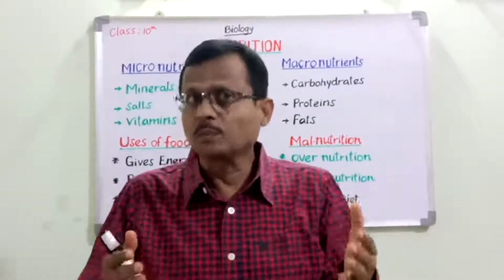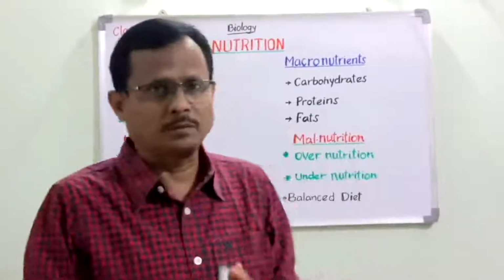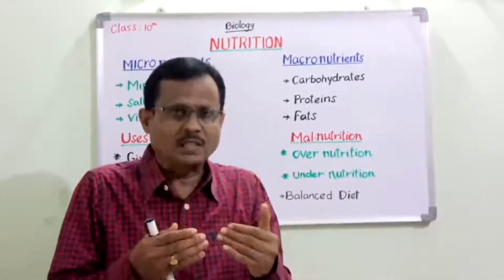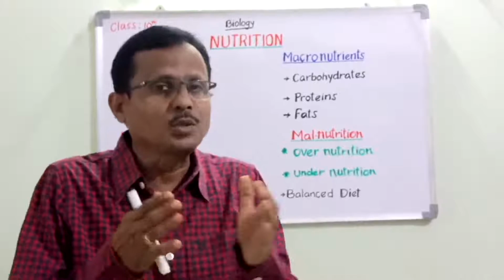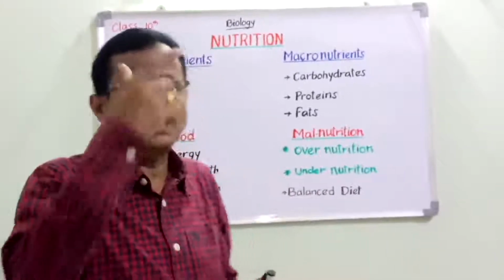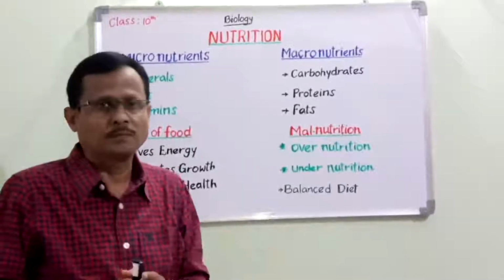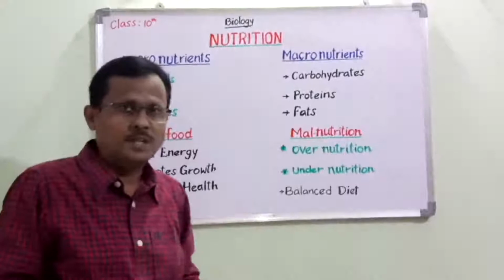Here, when it comes to the constituents of nutrition, the essential elements, as I just said, which are procured into the body, are called nutrients. These nutrients may be categorized into two broad divisions: the macronutrients and the micronutrients.